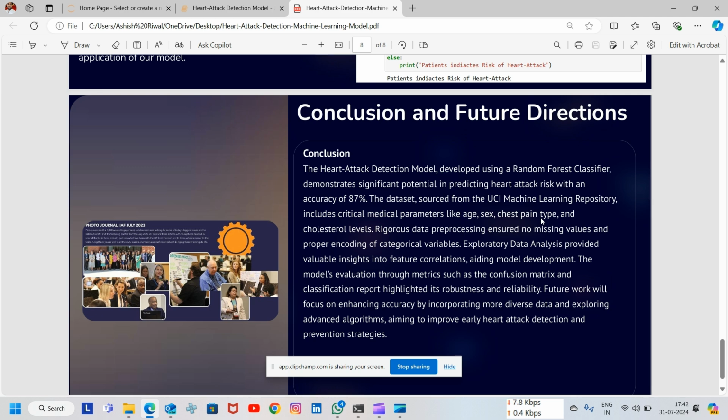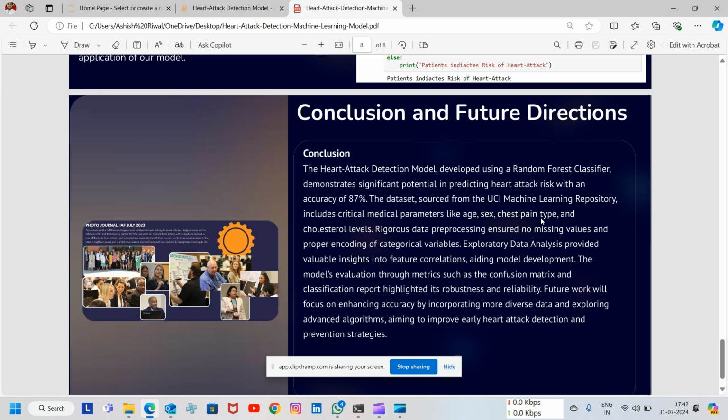Then there are some categorical variables also, like sex, and then I did some exploratory data analysis, and then I scaled the attributes also. In the last, I evaluated the model accuracy with some evaluation metrics like the confusion matrix and classification report to highlight the robustness of the model.